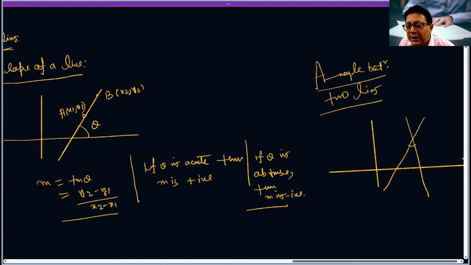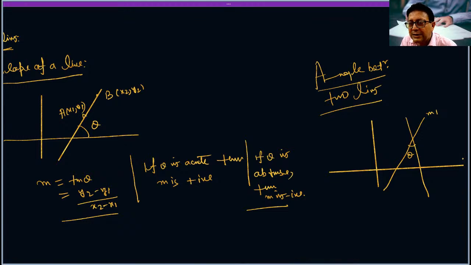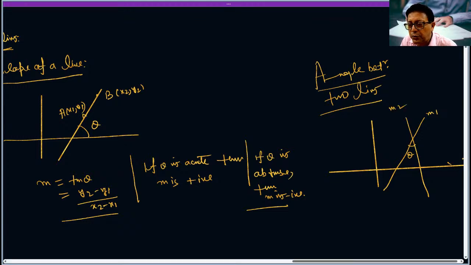These are two lines, angle with theta. First line has slope m1 and second one has slope m2. Then tangent of the angle between them will be mod of m1 minus m2 by 1 plus m1 m2.